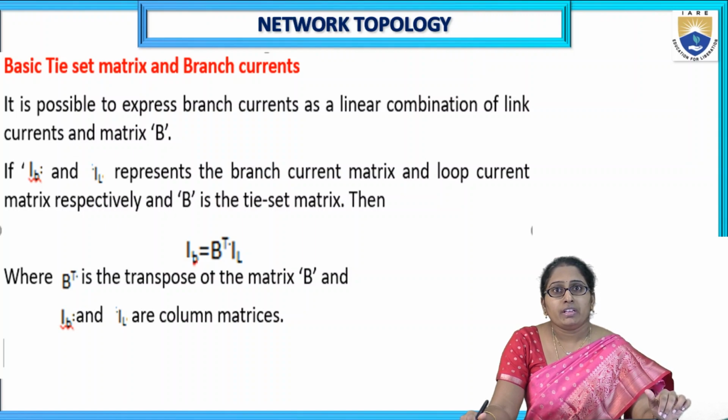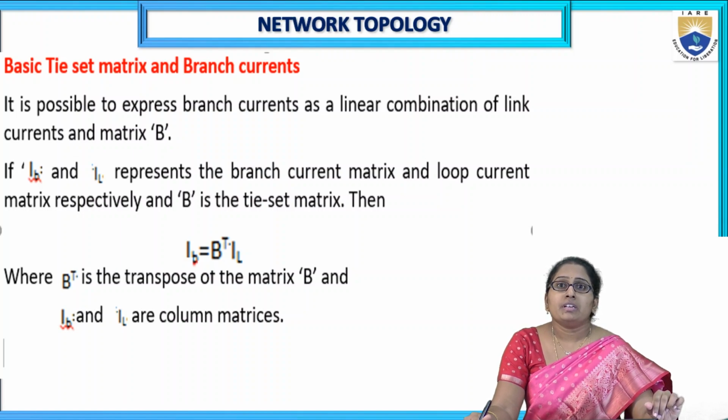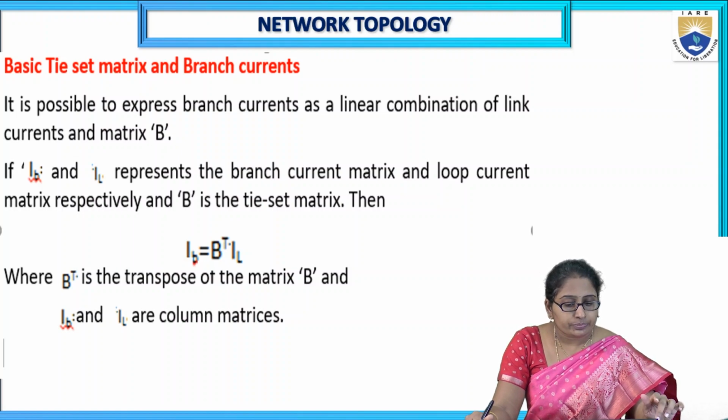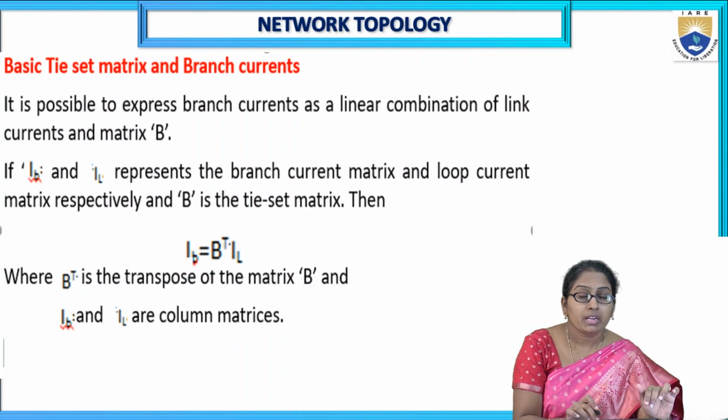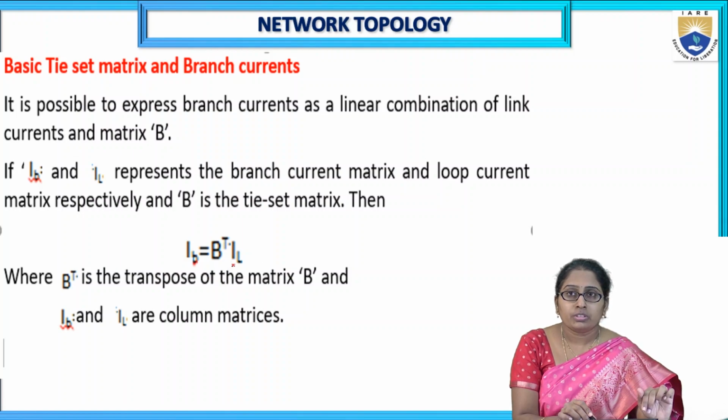If IB is the branch current matrix and IL is the loop current matrix, and B is the tie-set matrix, already known, denoted with the letter B, then the branch currents are given by IB is equal to B transpose into IL.